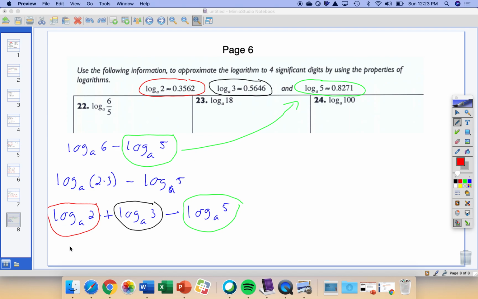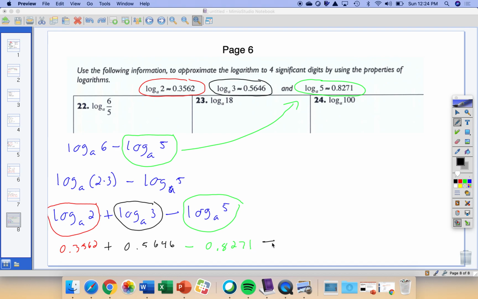So this would be 0.3562 plus 0.5646 minus 0.8271.